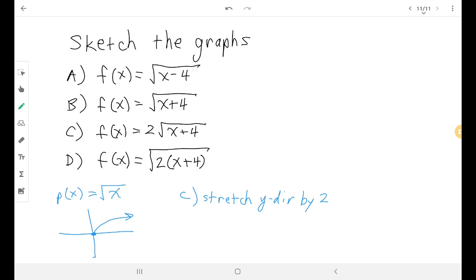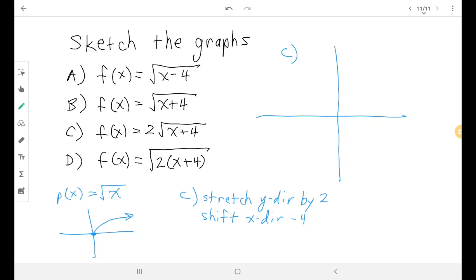And then that's not all we have. We have grouped in with the x a plus 4, which means we've still got a shift. This is in the x direction, opposite of what we see, so of negative 4. So those are the 2 things now that have to happen.